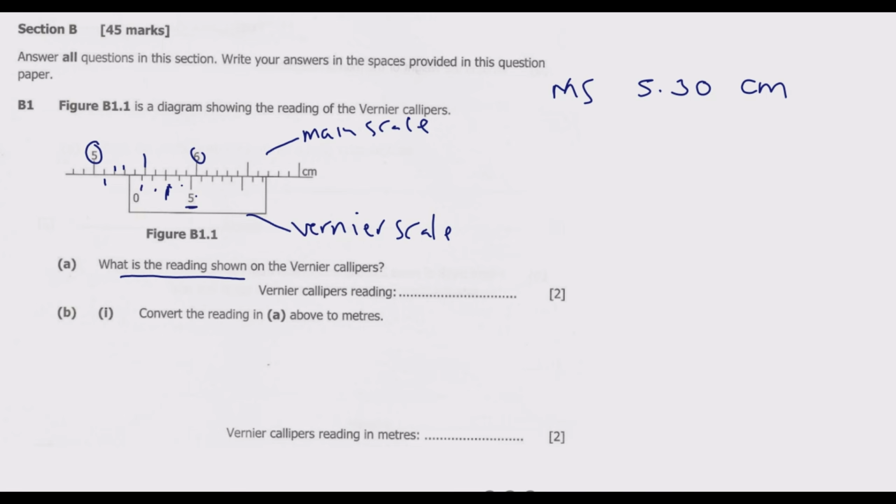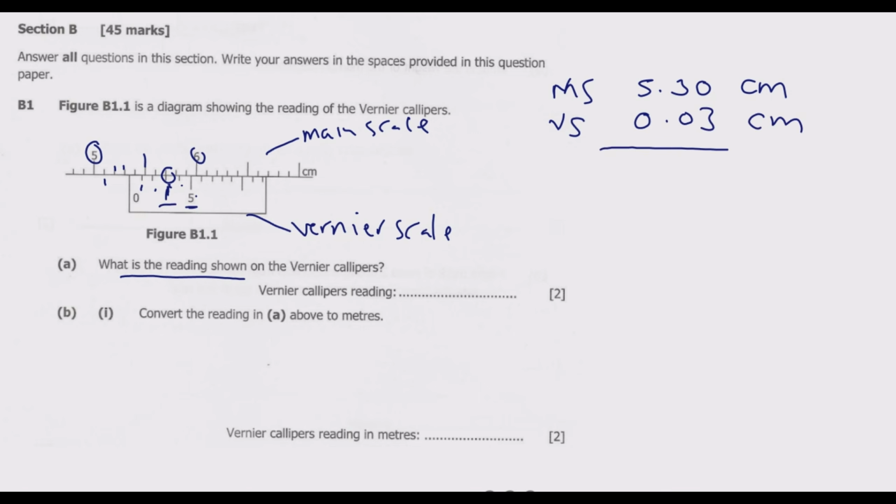So this is 5. Where they are meeting at this point, this is number 3. So on the Vernier scale VS, we start with 0.0, then this is 3, so we write 3. These are in centimeter.